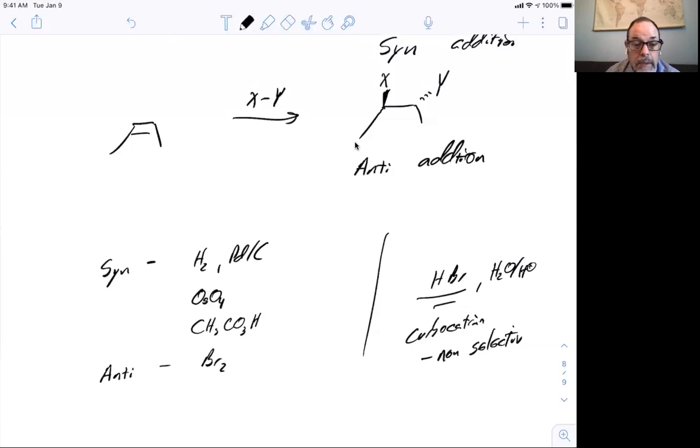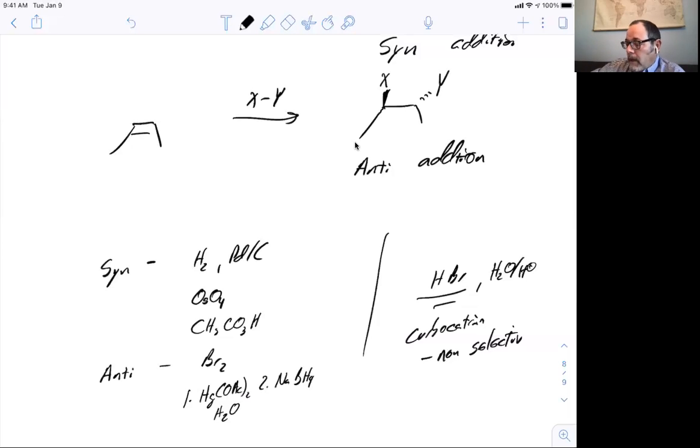The other anti would be the oxymercuration. Demercuration is usually considered to be an anti. So epoxide ring opening, the second step would also be considered anti, but okay.